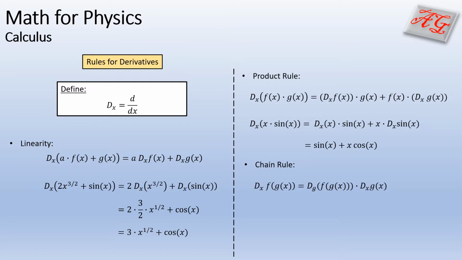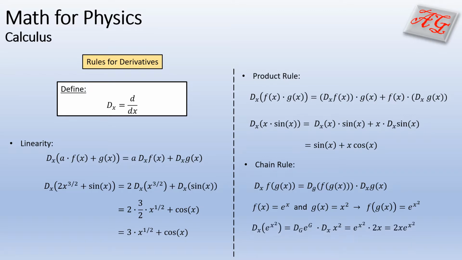Finally, there is the chain rule that says that the derivative with respect to x of a composite function of x is the product of the derivative of the outermost function with respect to the innermost function times the derivative with respect to x of the innermost function. So, for example, if f of x is the function e to the x and g of x is x squared, then using g of x as the innermost function means that f of g of x is e to the x squared.